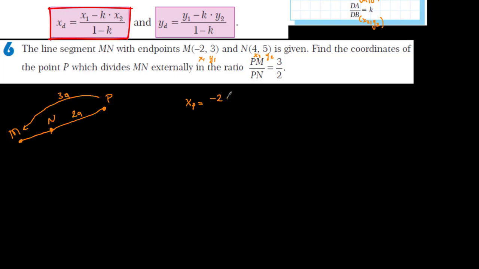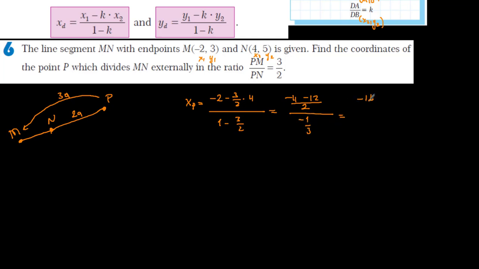minus 3 over 2 times 4 divided by 1 minus 3 over 2, it's going to be, which is equal to 2 times minus 2 is equal to minus 4, and 3 times 4 is equal to minus 12, divided by, here it's going to be equal to 2. And the down part is going to be 2 times 1 minus 3, equal to minus 1 over 2.